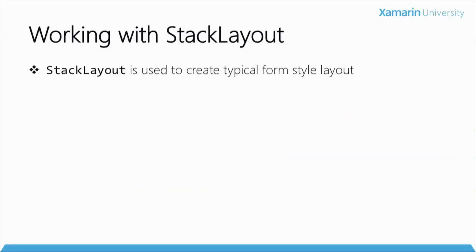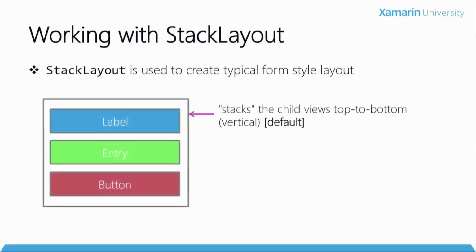The stack layout is probably the one that's mostly used in Xamarin.Forms applications, just like the linear layout on Android. So we want to talk about it a bit more. It organizes its content in one of two ways.